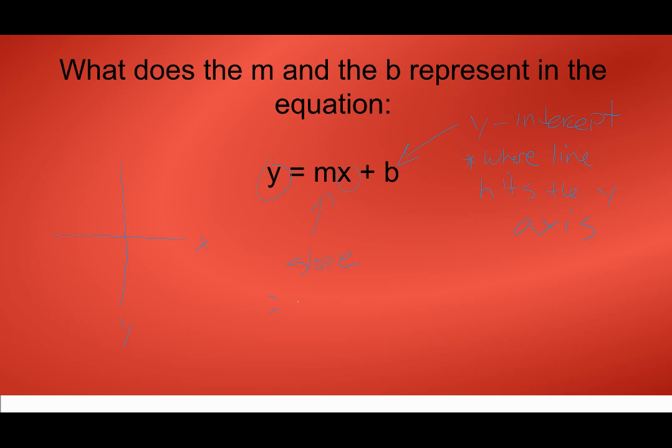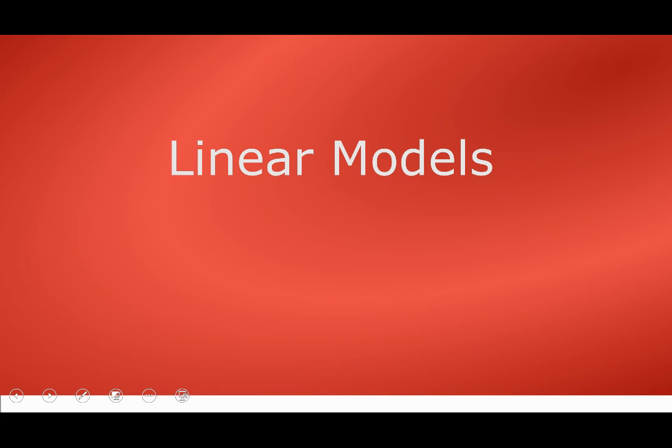Why don't we say it's the steepness? We can also say that it's y2 minus y1 over x2 minus x1. That would be if you have 2 points on your line, and we'll probably be using that today. Some people just say rise over run. All things that can be attributed to that m value.